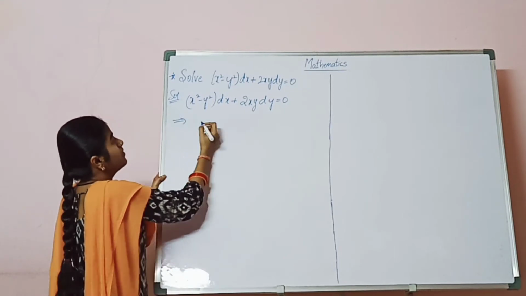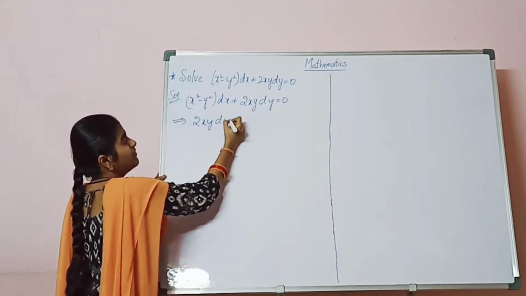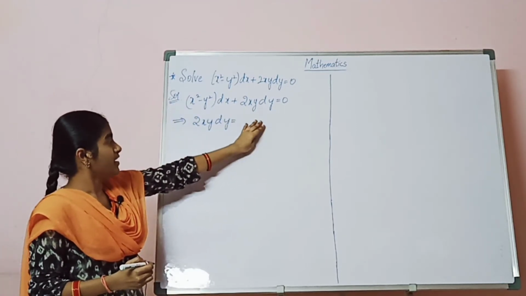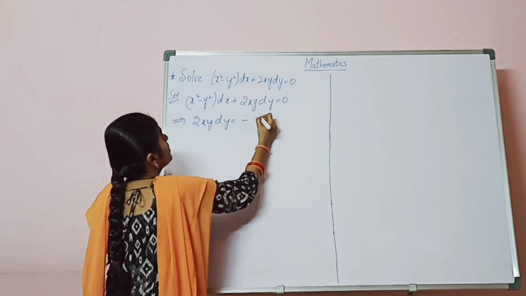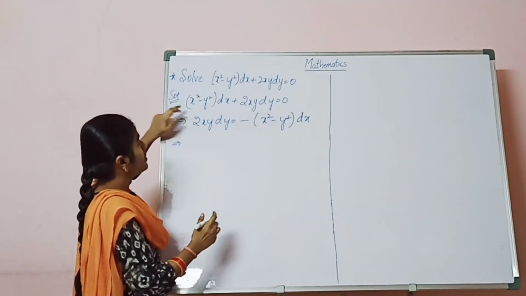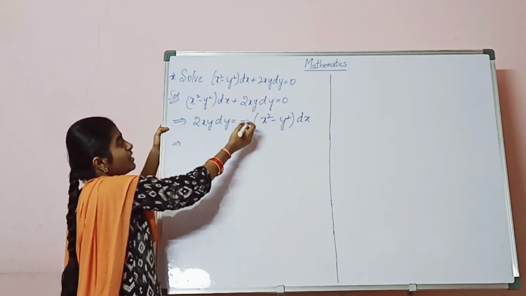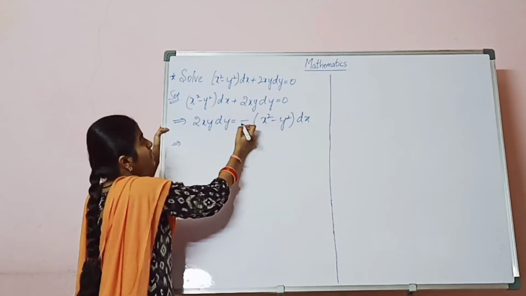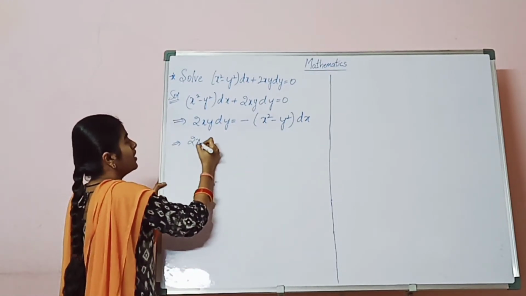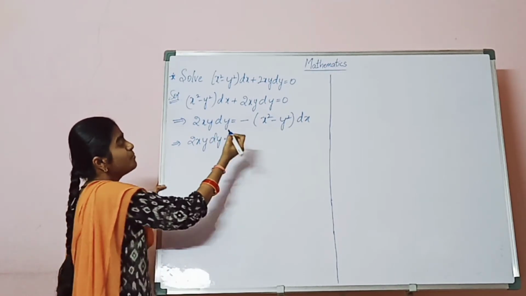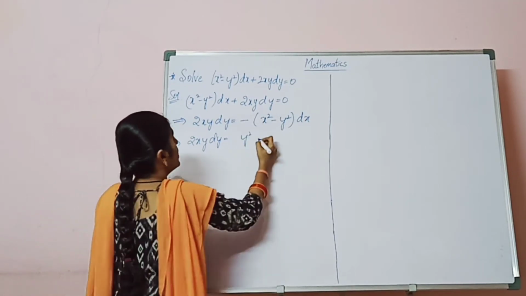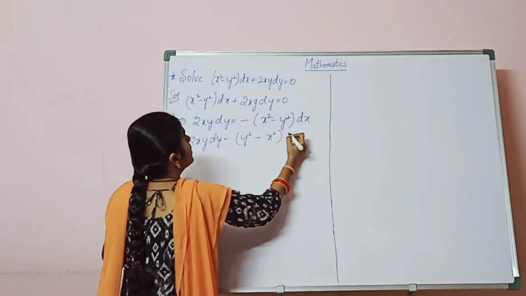So this implies 2xy into dy equals minus x square minus y square into dx, as this term goes to the right side. So what we are doing here? We are taking this x square minus y square into dx to the right side, so it becomes minus x square minus y square into dx. That implies 2 into xy into dy equals y square minus x square into dx.